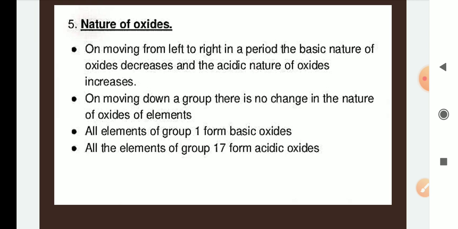So along the period, electronegativity increases, that means the tendency to gain electrons increases. But if you come down the group, electronegativity decreases. When the nuclear charge increases, it increases, but when the effective nuclear charge decreases, it decreases.